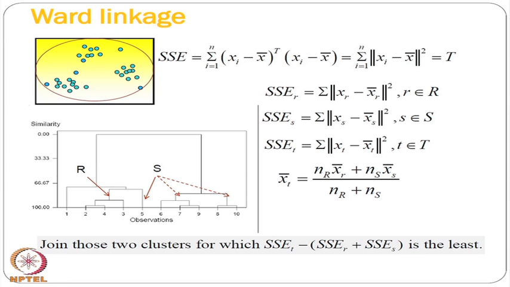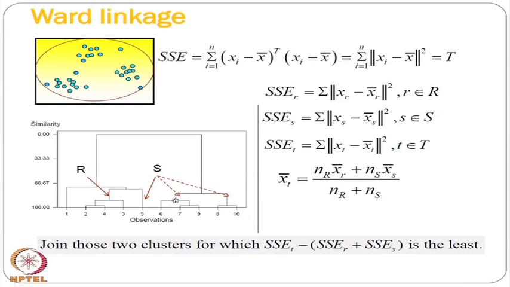One cluster means a lot of heterogeneity will be there, and when you go for more clusters, the heterogeneity will reduce and homogeneity will increase. But when you go for n clusters, it will be completely homogeneous, because every cluster has one object.